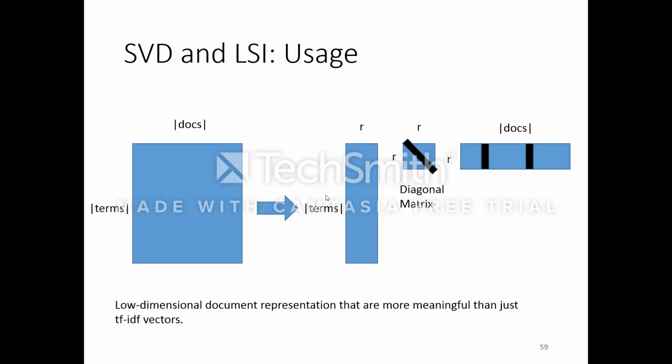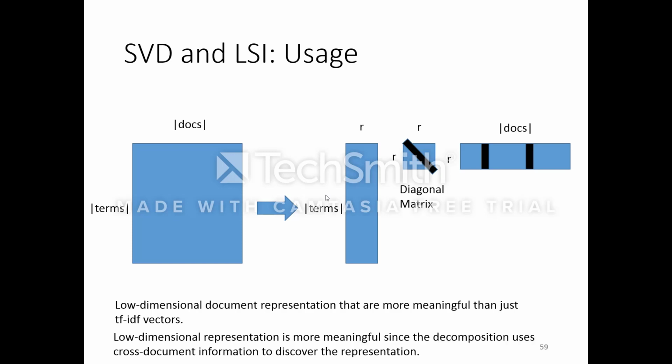On the other hand, R is typically much smaller than the number of terms, so it might lose some expressive power because of the length. If you choose a low R, then you might get a not so good semantic representation. Okay, so let's move on. The low dimensional representation is more meaningful since the decomposition uses cross-document information, so it uses corpus level information.